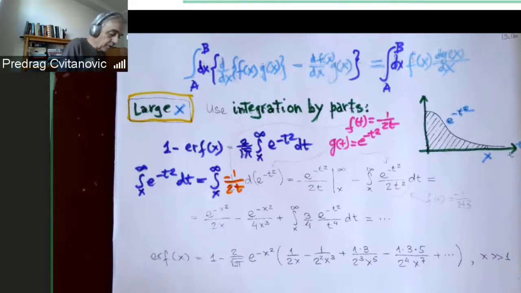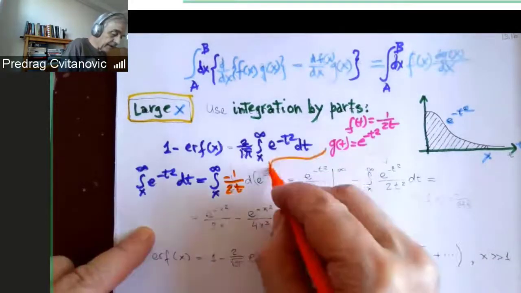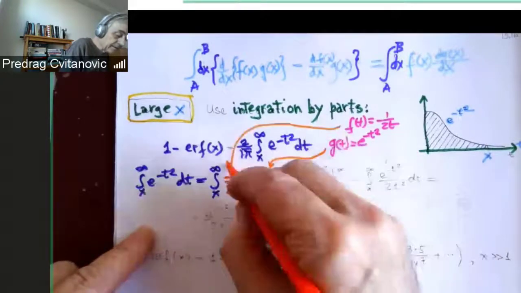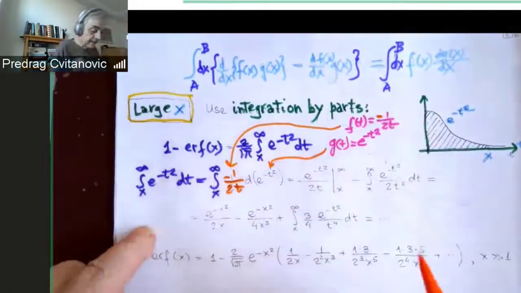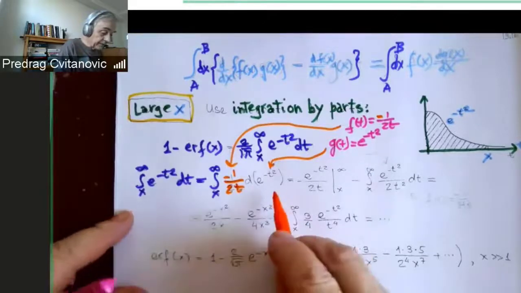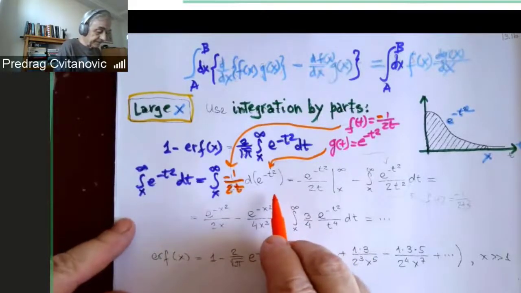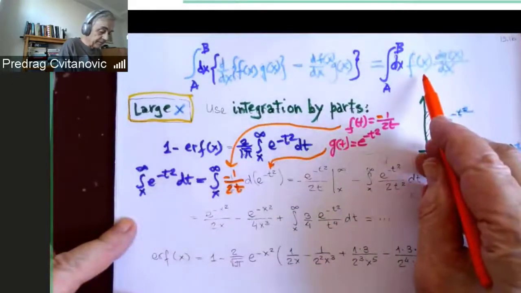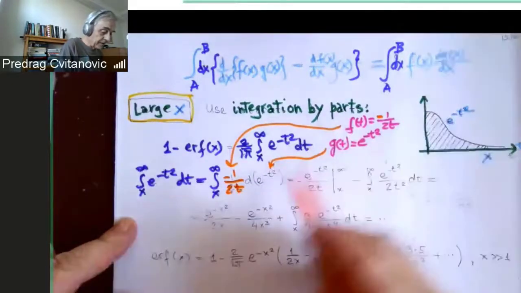So then if I call this guy my function g, and this guy is a minus here, the other function, then by the rule of integration by parts, I can write this. So this is my f, and this is my derivative of g.